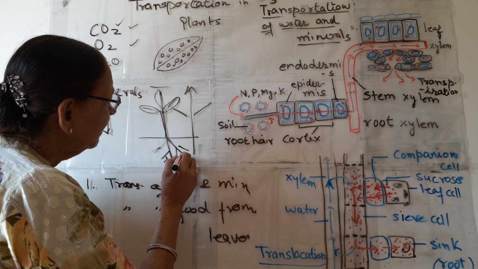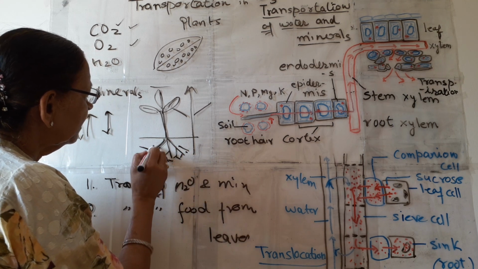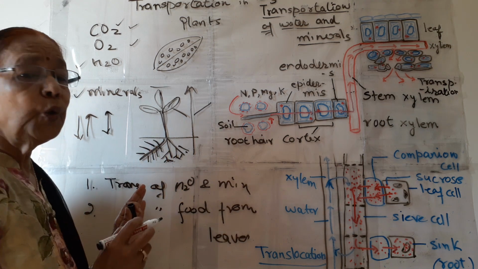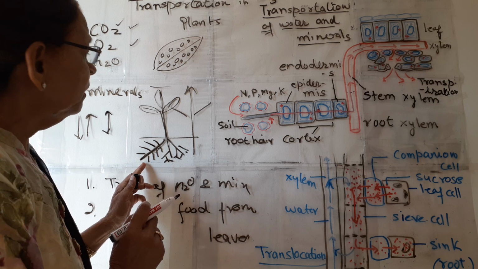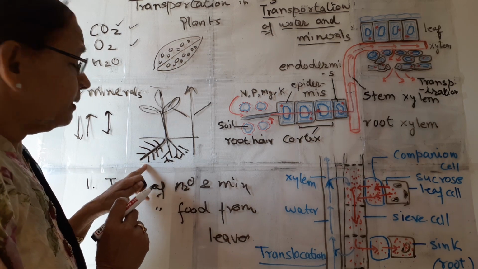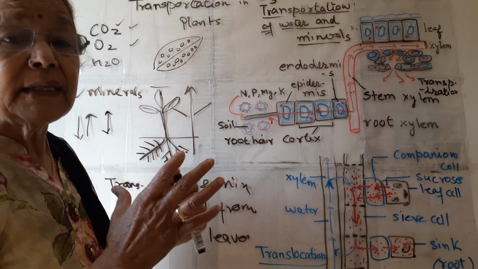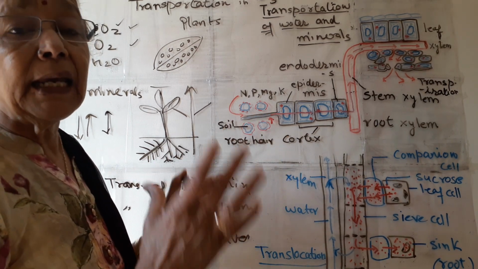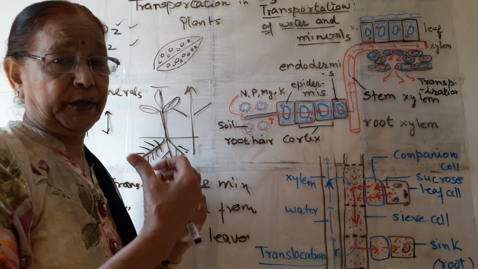They divide again and again, and ultimately a root has many root hairs, hair-like projections. These root hairs are for increasing the surface area of the root to absorb more water.